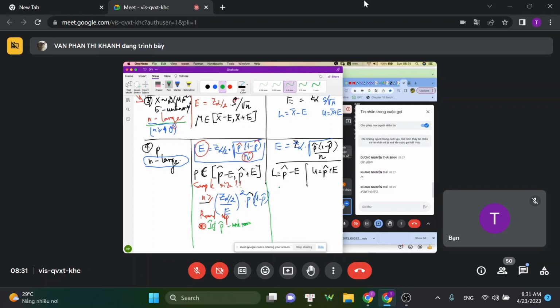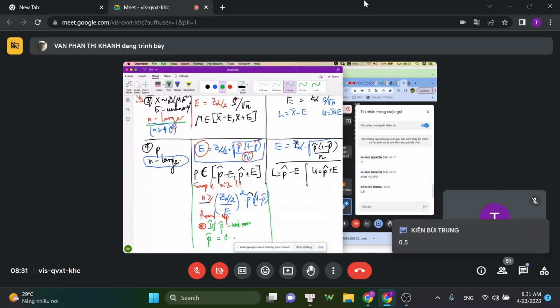Class, how can we define the sample size if we don't have p hat? So we choose p hat to be what?